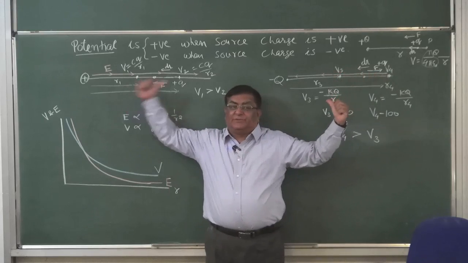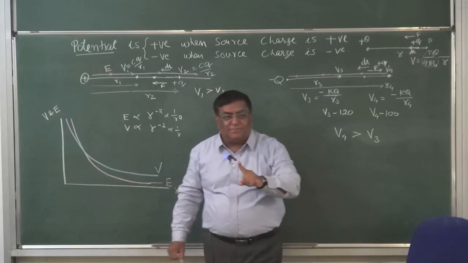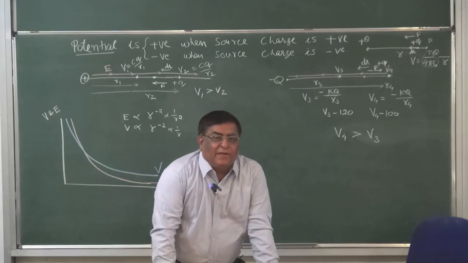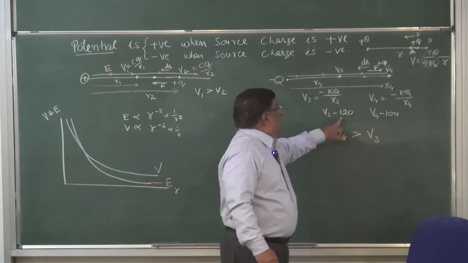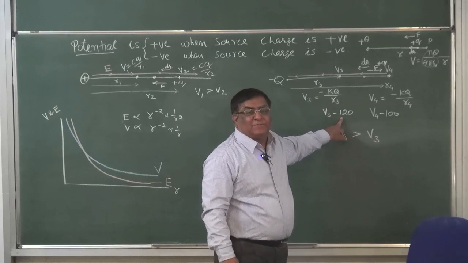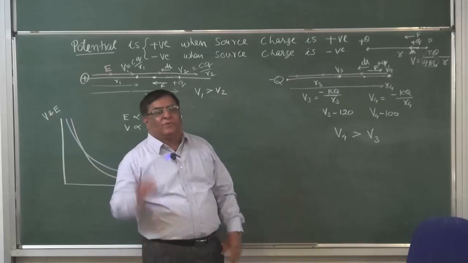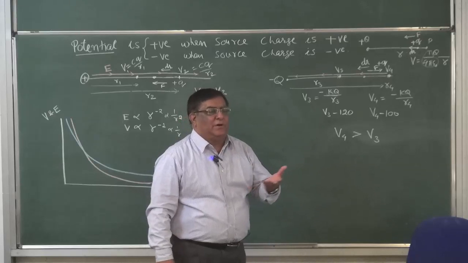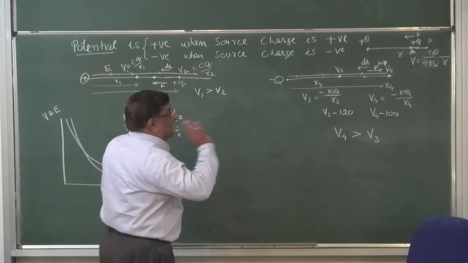Here it is moving this way. But what is the common rule? It moves from higher potential to lower potential. If it is negative, then minus 100 is higher and minus 120 is lower. If it is positive, then 120 is higher and plus 100 is lower. So it will move like this. And this is according to Coulomb's law also. So we understand it, make it a point.